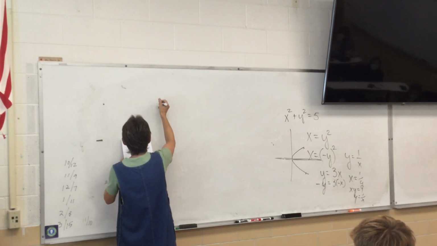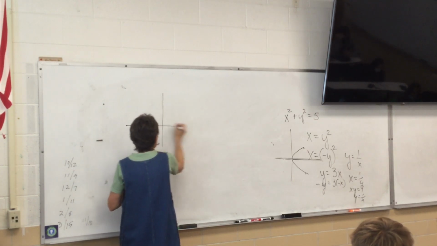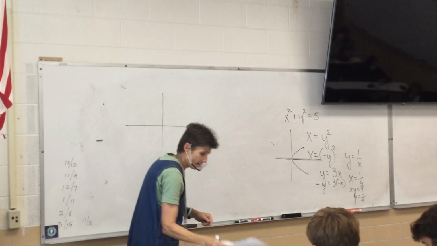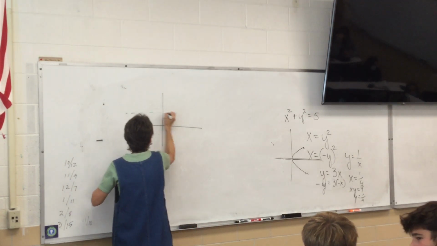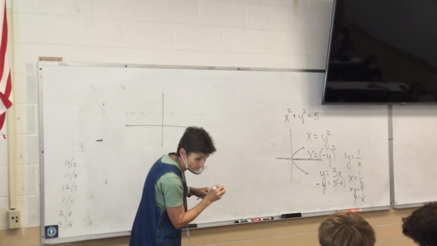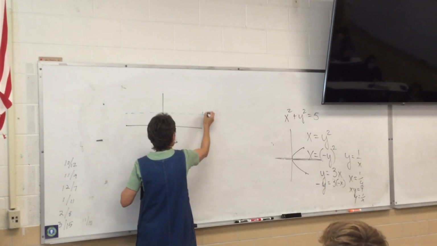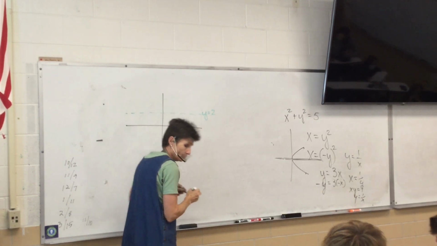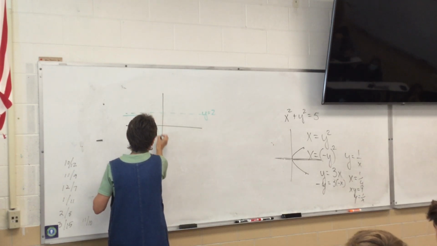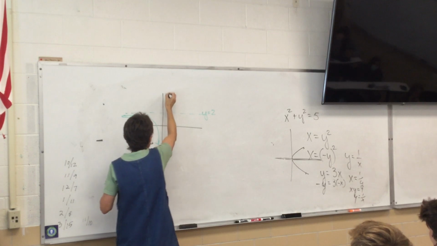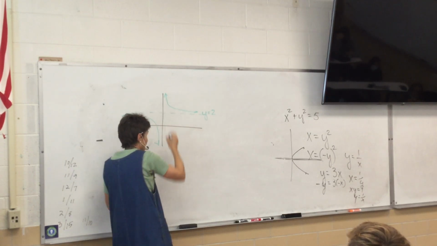Number 8, describe the end behavior. We have in this picture an asymptote at y equals 2 and a curve that looks like this.